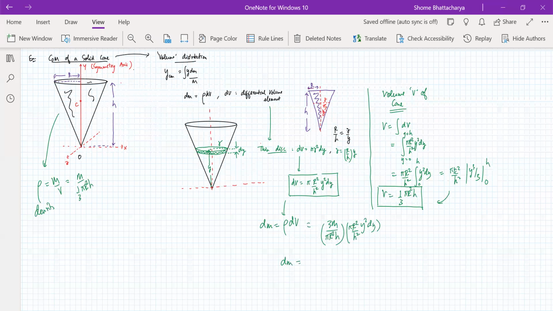So dm here becomes 3m upon R square, which will cancel out, h cube into y square dy. Now for the y coordinate of the center of mass of the whole thing, you have to substitute this and carry out the integration.